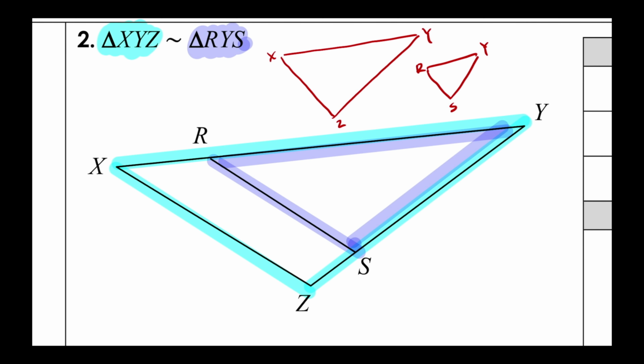I like to separate them so you can see them a little better, and then start looking at the matching parts. Like saying X and R, Y and Y, Z and S.